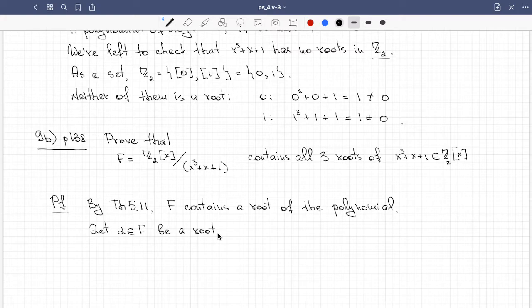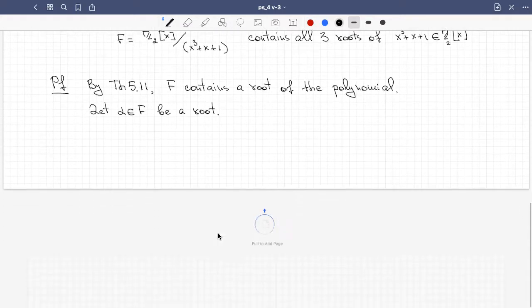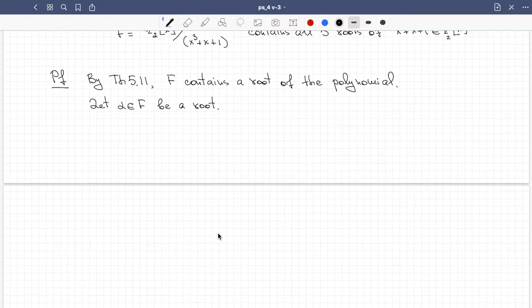Now, let me do some arithmetic with this alpha. Let me show you some properties of alpha. Well, first of all, alpha is a root.